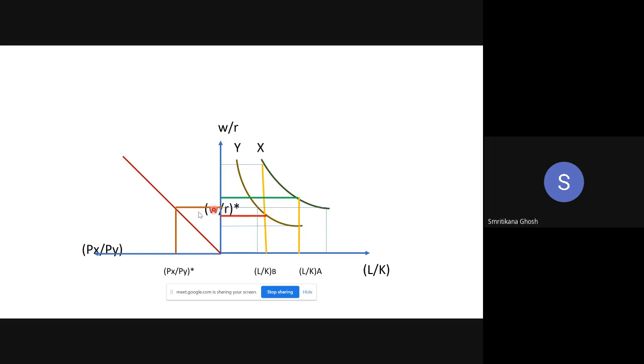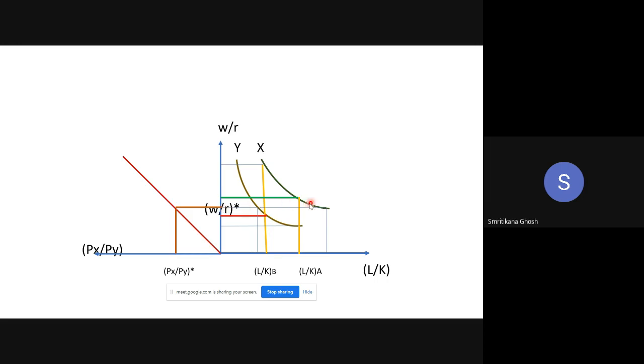Now look, if the international terms of trade is Px by Py star, then the wage rental ratio will be W by R star. And as it is within the overlapping zone, just check carefully, both countries can produce both.